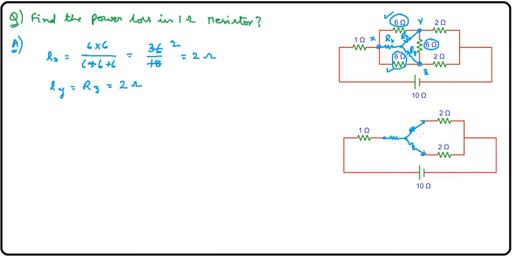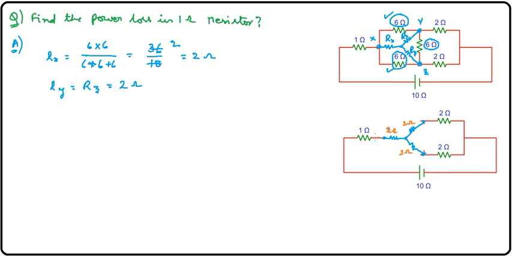So this is the final thing. Rx value is 2 ohm, so let me write 2 ohm here. Similarly, Ry is also 2 ohm, Rz is also 2 ohm. That's all.